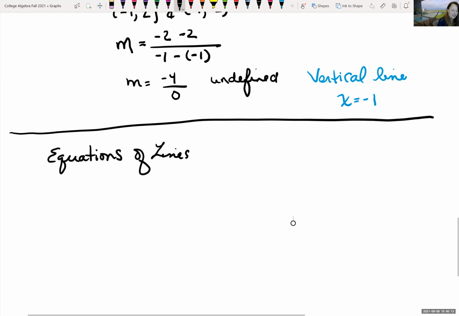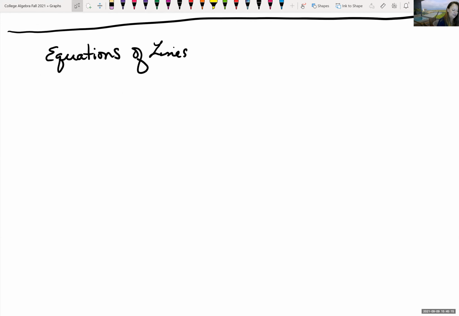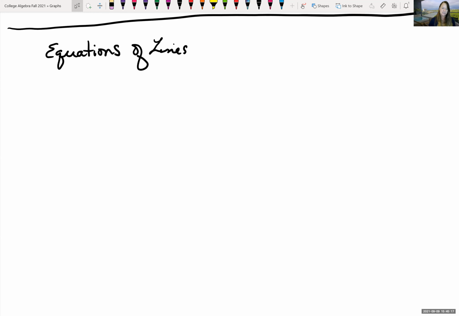So equations of lines, there's different forms. They're the same equation, but different forms. We have the standard form.